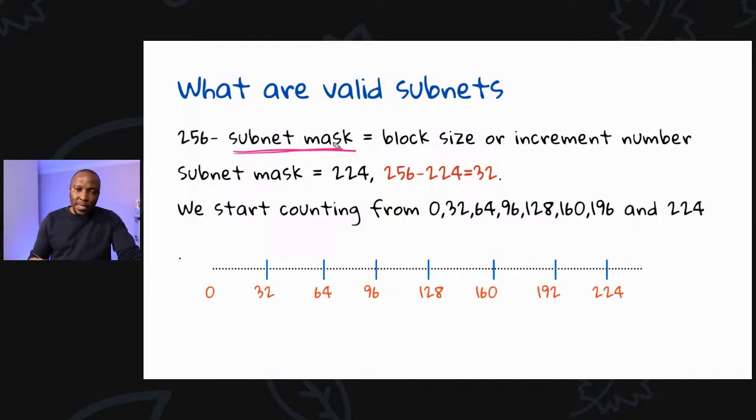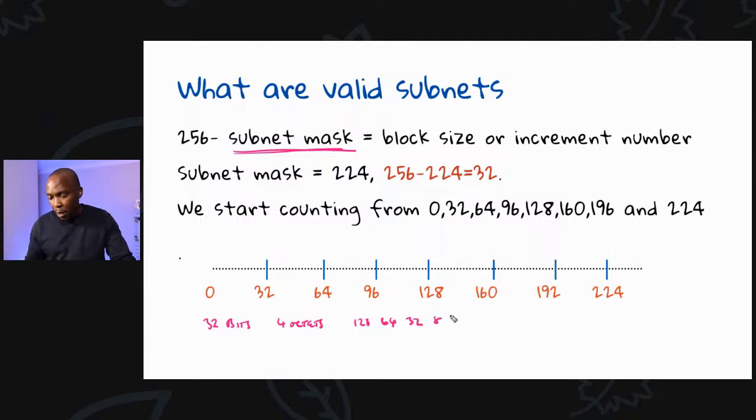Remember, the last time we said our IP address is made out of 32 bits. And we said these 32 bits are broken down into 4 octets. And when we're converting our IP address between binary and decimal, we use the binary values 128, 64, 32, 16, 8, 4, 2, 1.